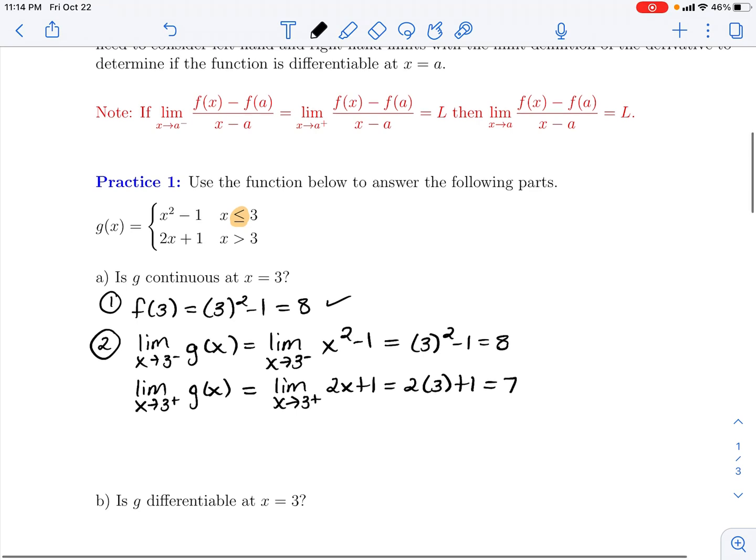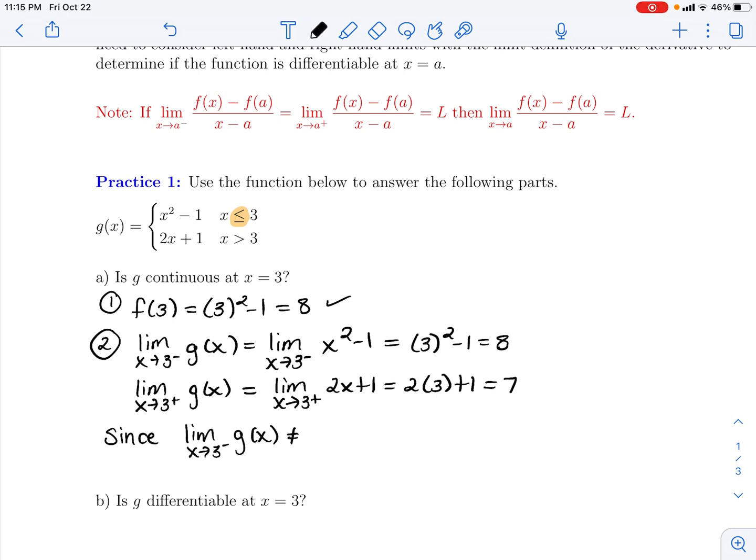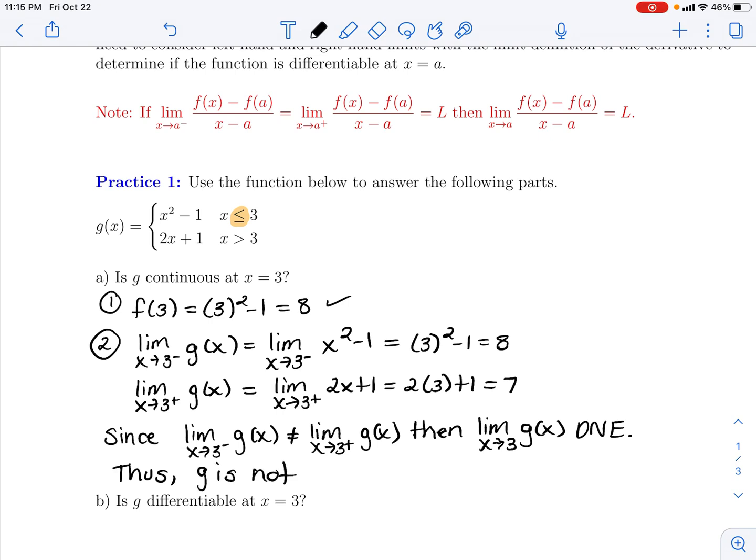Since the limit as x approaches 3 from the left of g of x does not equal the limit as x approaches 3 from the right, then the limit as x approaches 3 of g of x does not exist. Thus, g is not continuous at x equals 3.